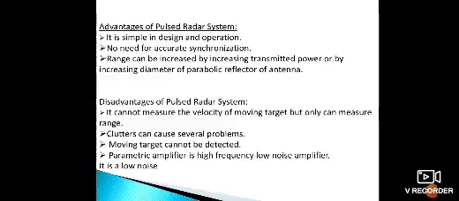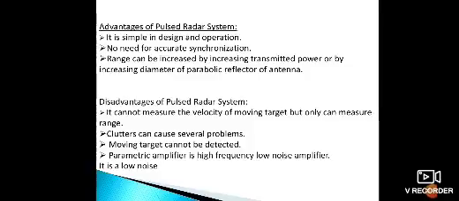That is called clutter. Clutters cause severe problems in our radar system, and in the pulsar radar also we get problems if we get clutters. That is a drawback of the pulsar radar system.